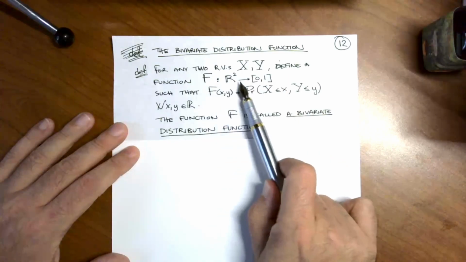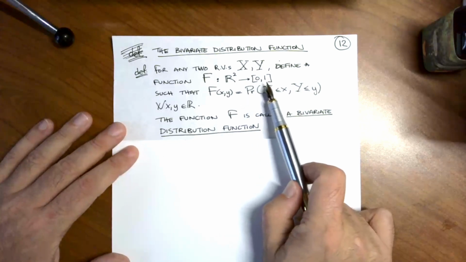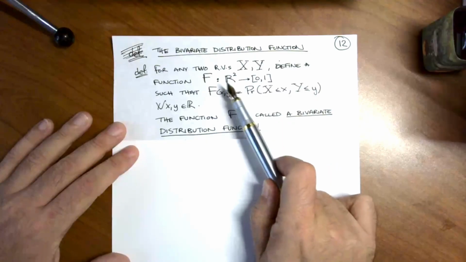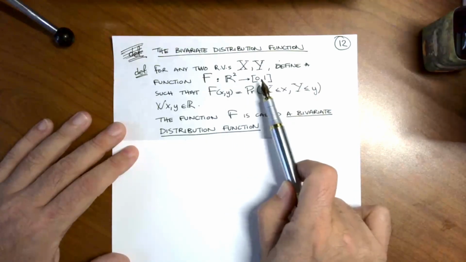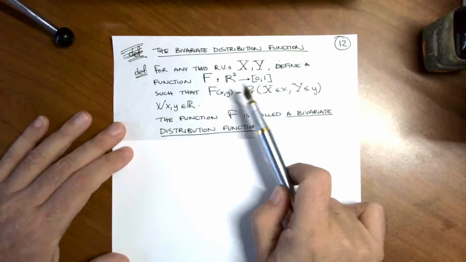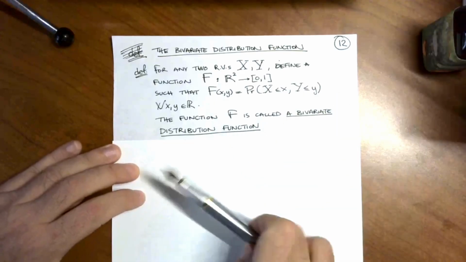And that function is essentially a mapping from this space to the space of 0 and 1, inclusive of 0 and 1. Why is that? Because we are essentially taking values of x and y and translating them to a probability, right? That ranges from 0 to 1, or 0 to 100% if you want to think about it this way.